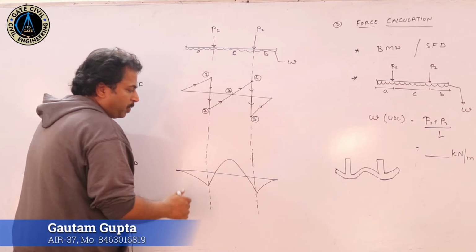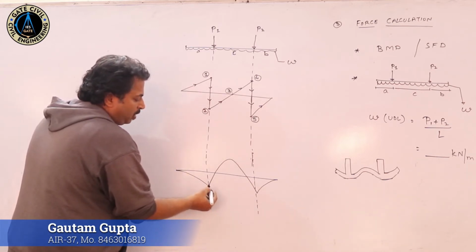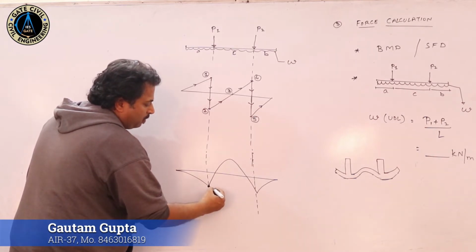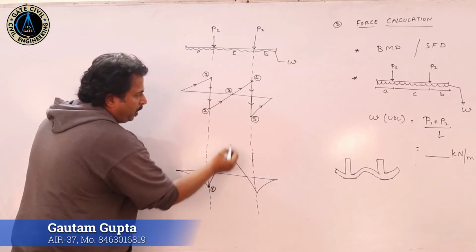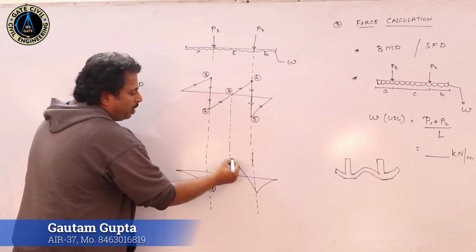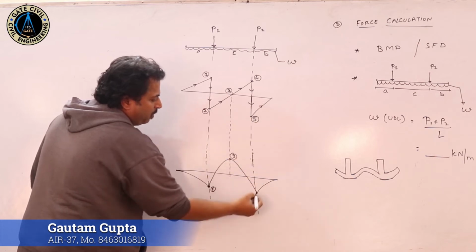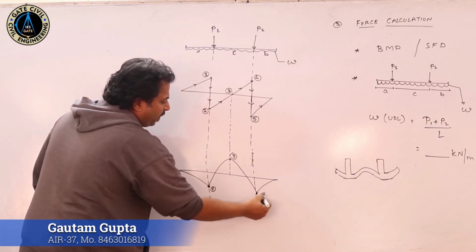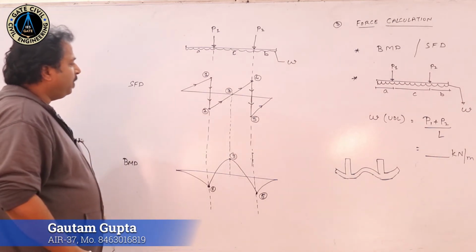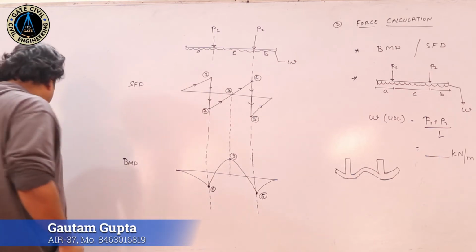For our calculation purpose, we basically require 3 points. I am representing this particular point of the maximum sagging moment as first. This point, which is at location 3, I am representing it as 3, and this point, which is at location 5, I am representing it as 5. So, in a force calculation for SFD and BMD, we have these many different values.